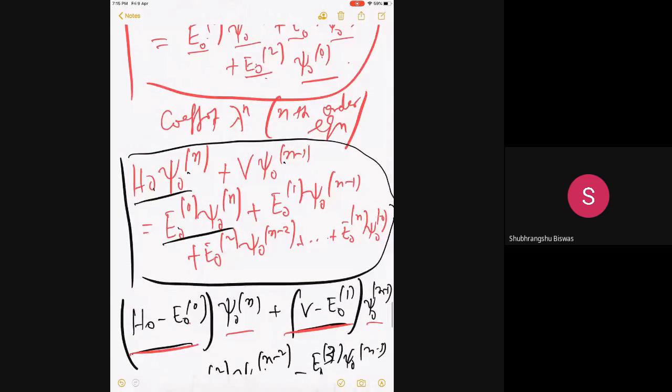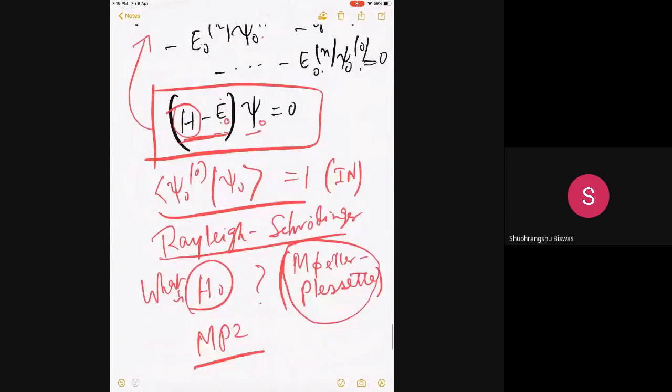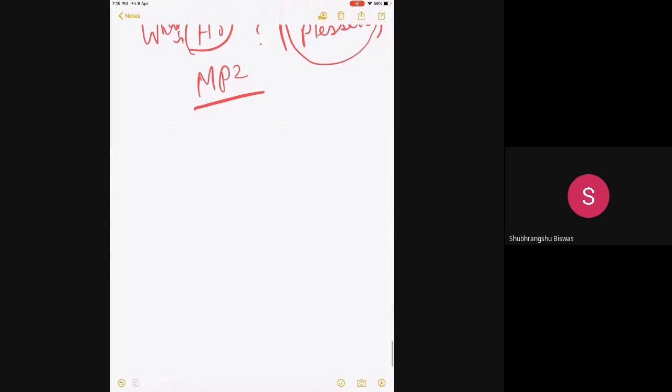Okay? Perturbation theory is a huge, huge text. Those who are interested in learning a lot about perturbation theory, just like I had given for the variation method a book by S.T. Epstein, you can read a book on perturbation theory in quantum mechanics or quantum chemistry. I've just forgotten that.